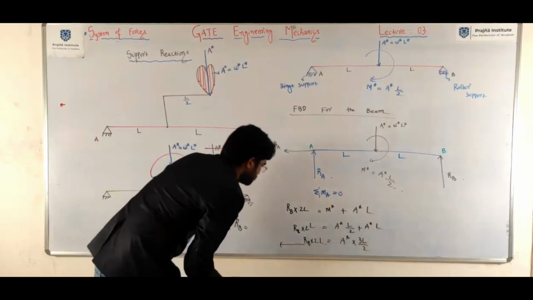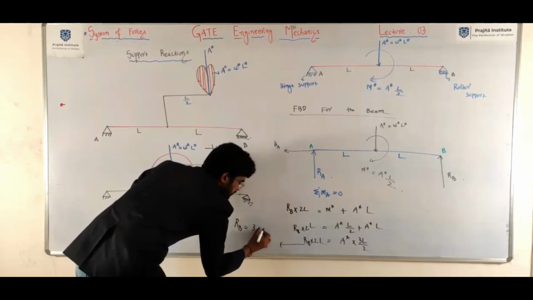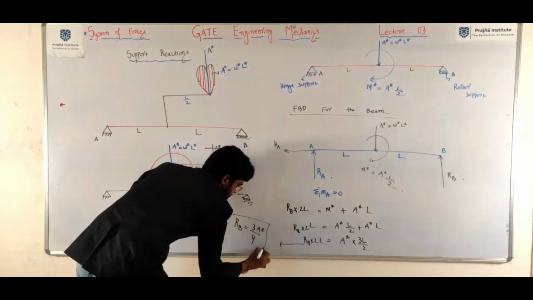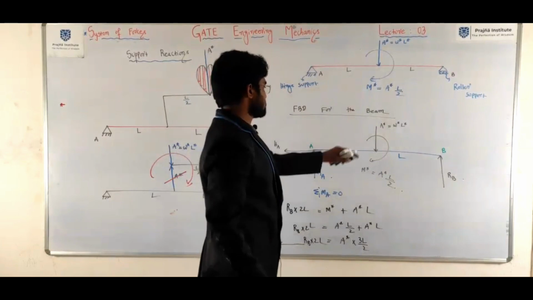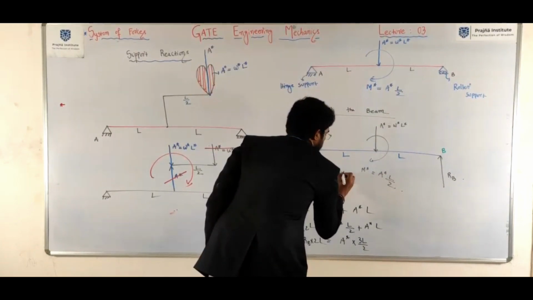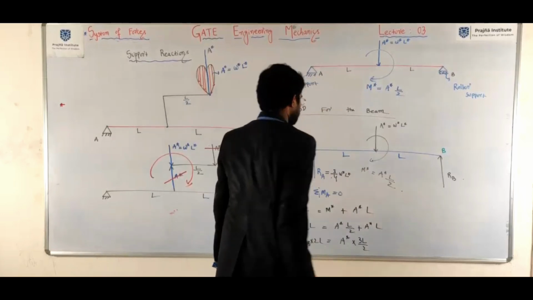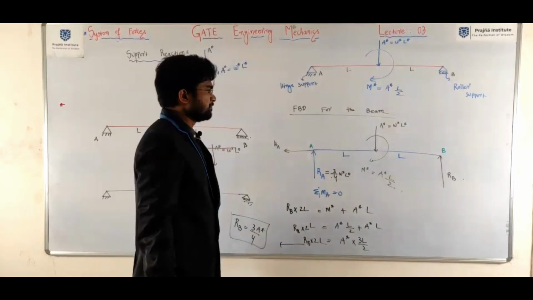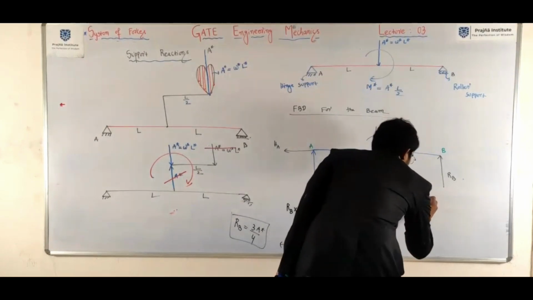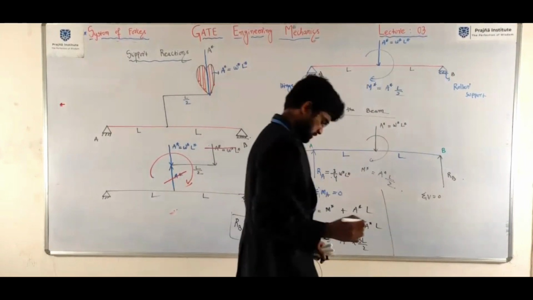L gets cancelled out. 3 into A star by 4. Okay, so A star in the sense 3 by 4 W star L star. This is RB.